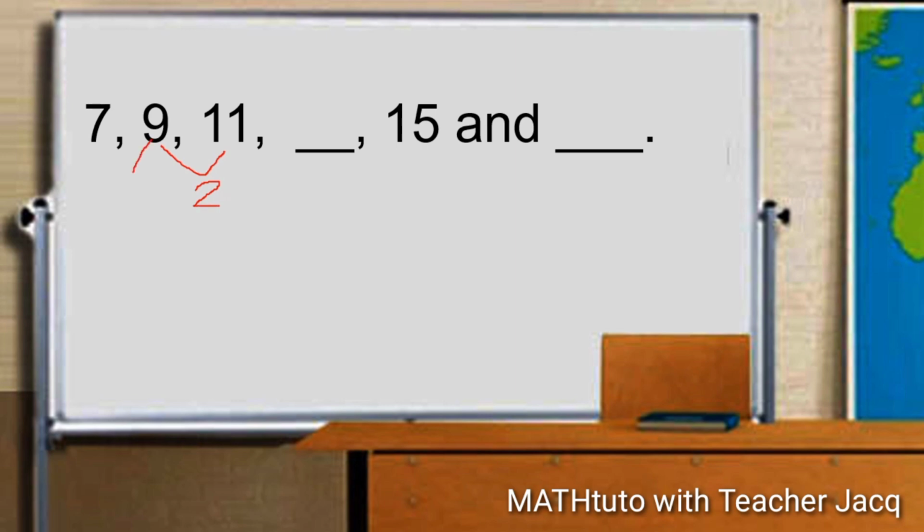And 9 minus 7 is 2. So, kung papansinin mo yung nakuha nating difference, pareho or same na 2. Ibig sabihin, dito sa sequence na to, ang naging pattern is nag-a-add ng 2 sa bawat term to get the next term. So, let's do it.